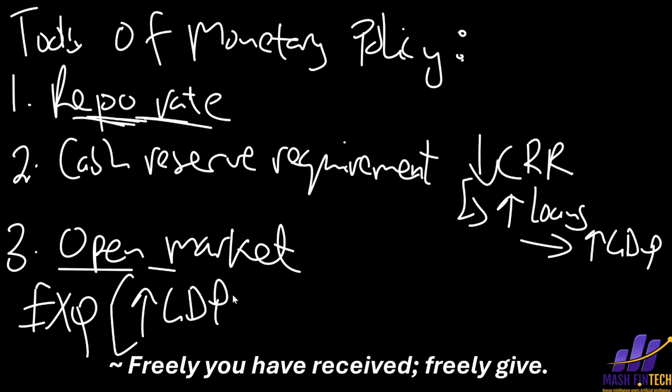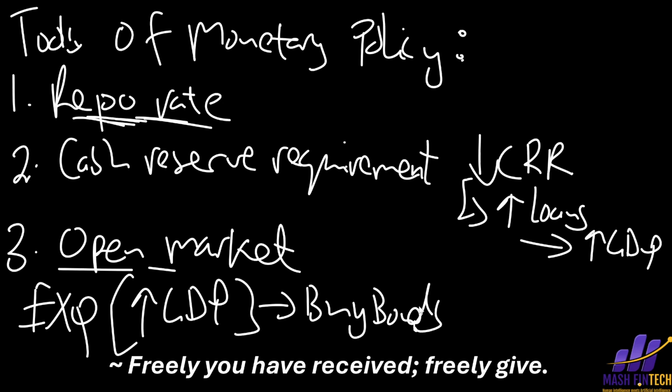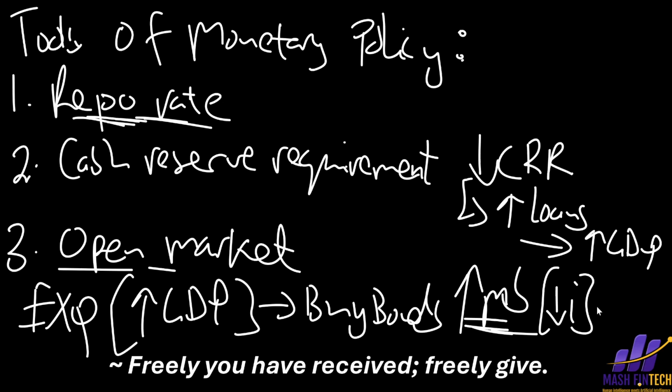What they can do in the open market is go there and buy bonds from the private sector. If they buy bonds, they are taking the bonds, the piece of paper, and increasing the money supply. And we know an increase in money supply is similar to a decrease in interest rates. Eventually, it will result in an increase in GDP. That is the open market operations.